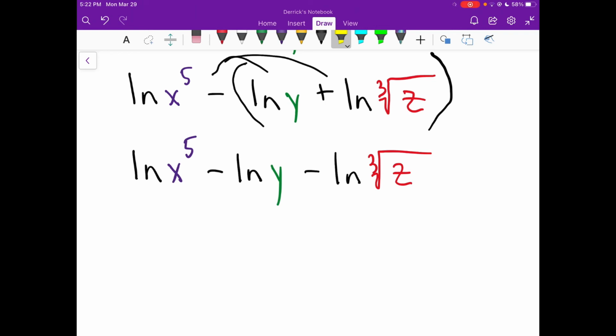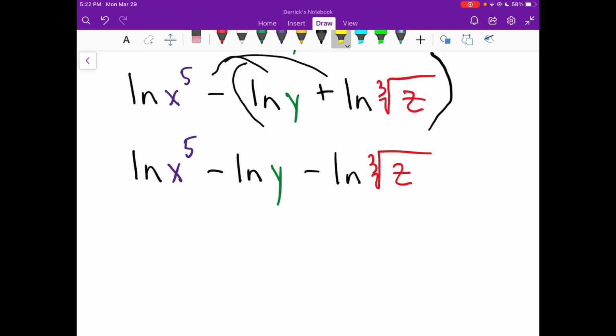Now, as far as finishing this out, we are supposed to take care of any exponents and move them to the front as coefficients. But before we do that, you need to recognize that we can represent any radical as an exponent. We've talked about this in earlier lessons, but any radical can be represented as a rational exponent, meaning a fraction for an exponent.